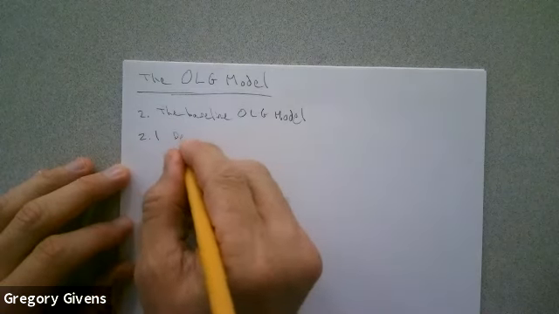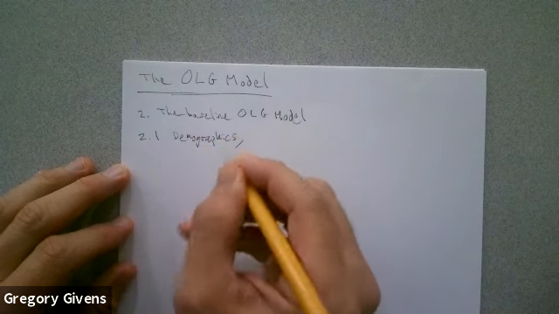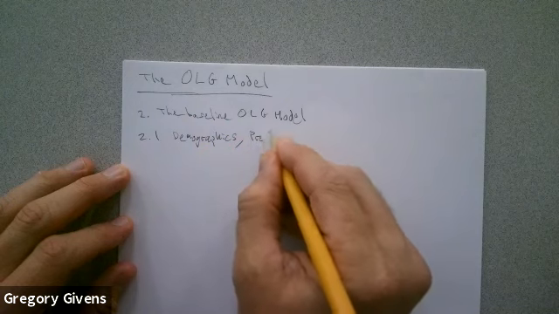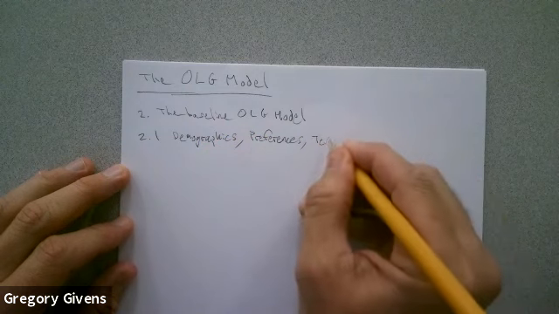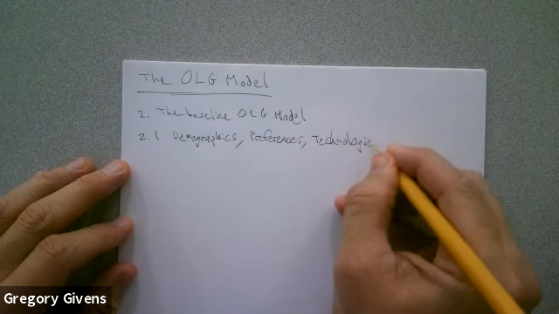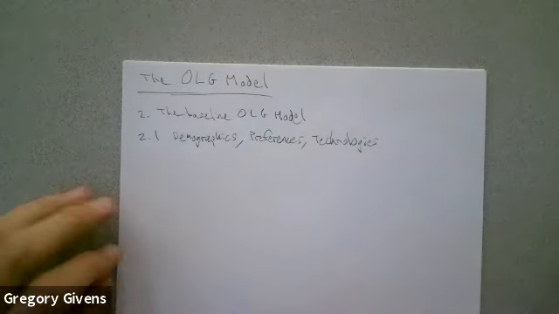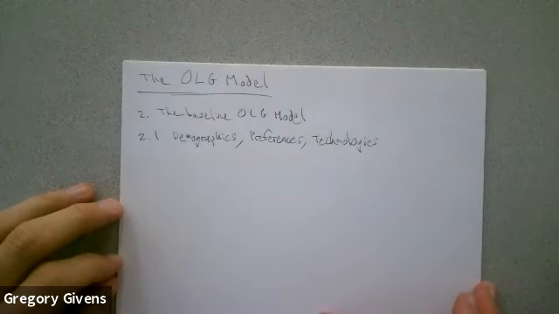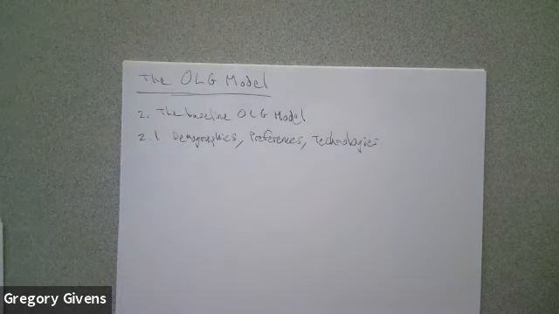That is the demographics, preferences, and technologies that characterize this new world. All these different models we talk about are storytelling models, okay? Each of them tells a story. You have to understand the agents who are inhabiting them and how they interact, their rules for behavior, etc. All right, and that's how we're going to set this up here in the first part.